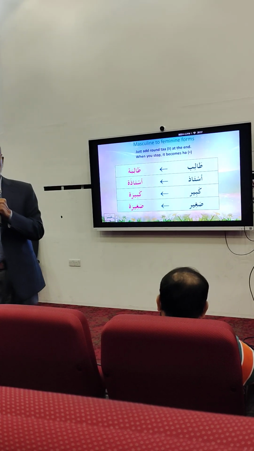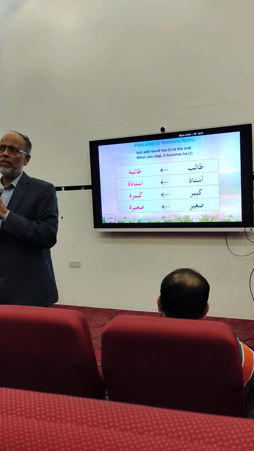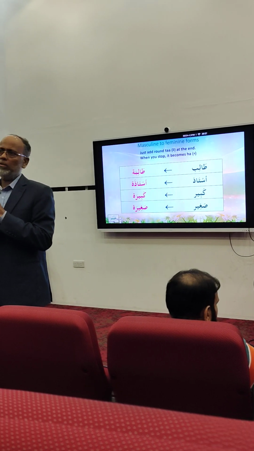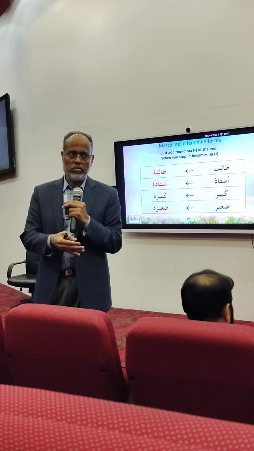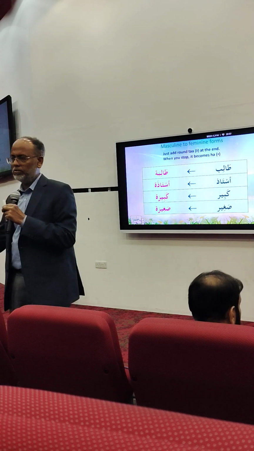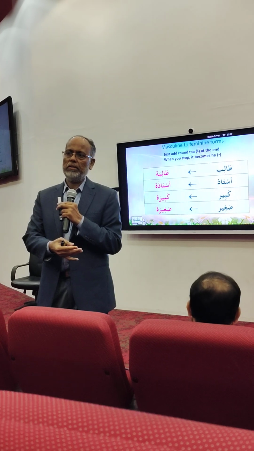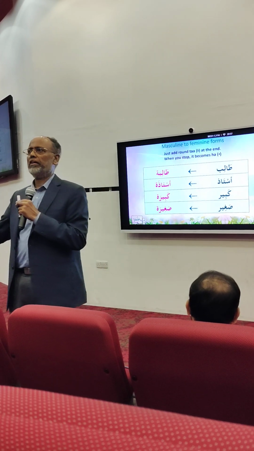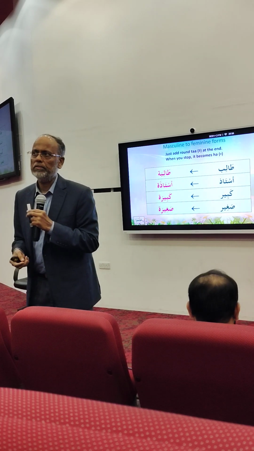Talib is student, so feminine will be talibah. Ustaz is professor, male, so female professor will be ustada. Similarly, kabir is big, so female big will be kabira. And saghir is small, so female will be saghira.